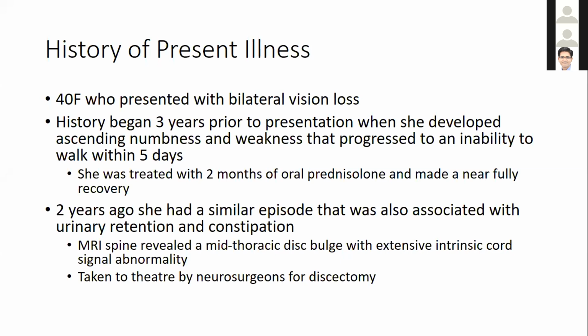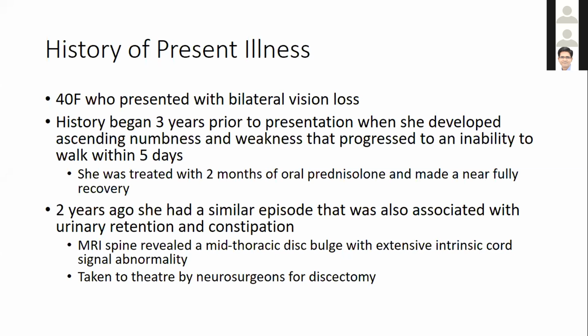2 years ago, however, she had a similar episode recurring, and it was associated with urinary retention and constipation the second time. Her MRI at that second presentation revealed a mid-thoracic disc bulge, but there was an extensive intrinsic spinal cord signal abnormality that was also noted.